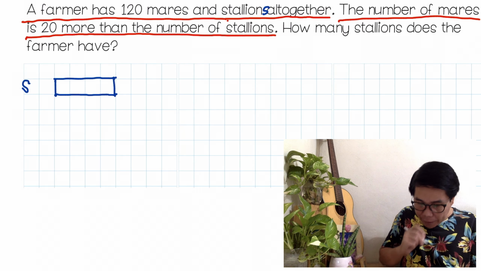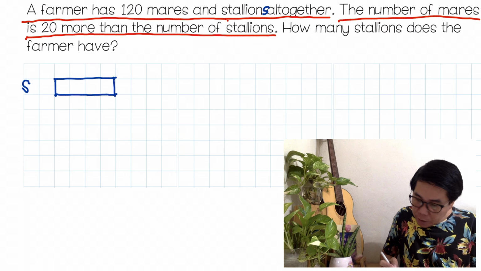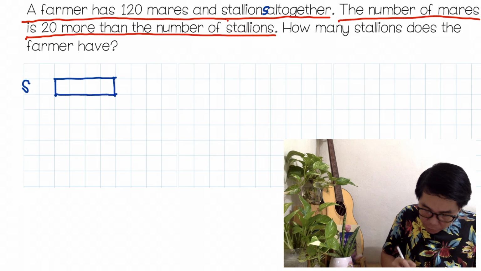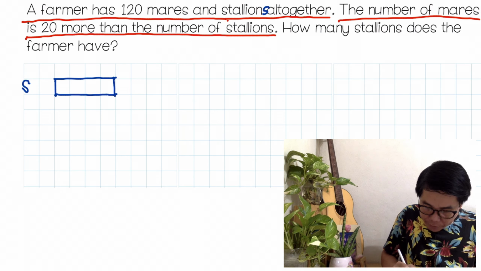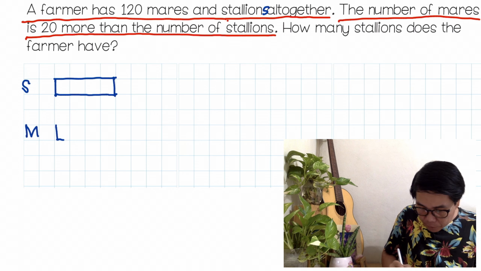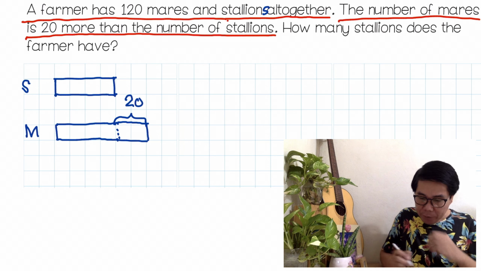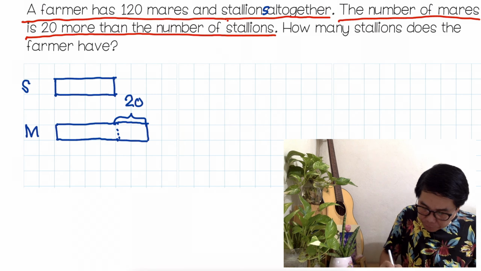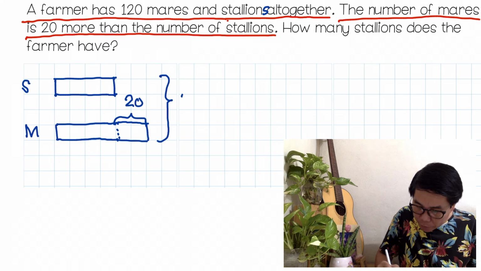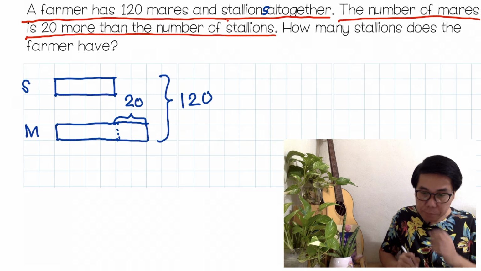And then the mares is 20 more. So if this one is the mare, we have here 20 more than this. If you put them together, there are 120 in all.